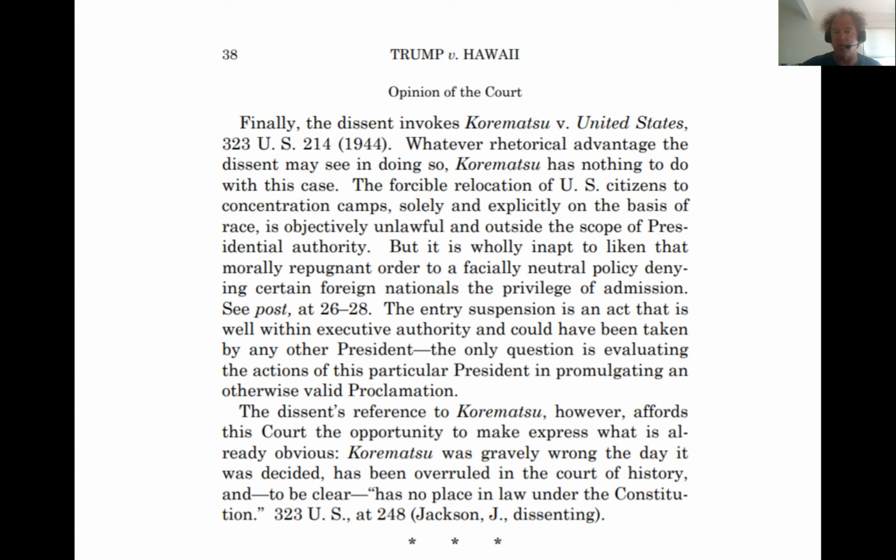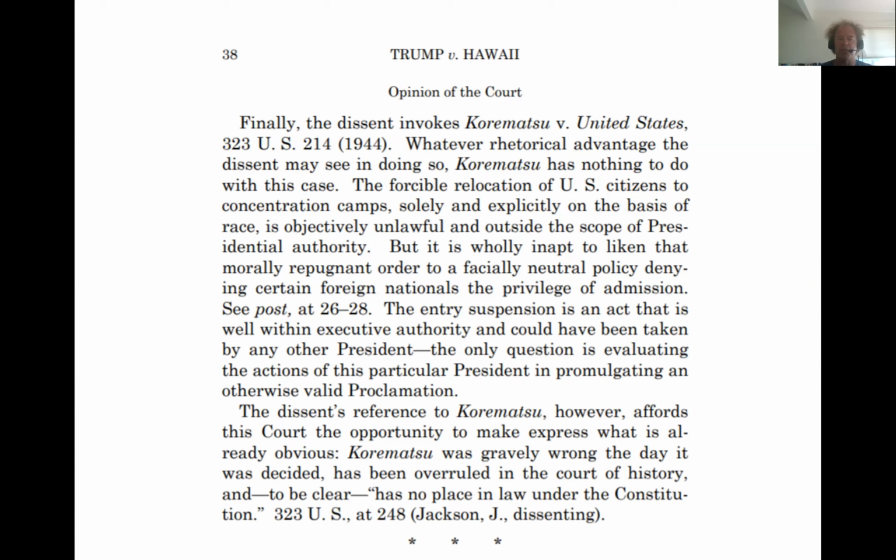So because there wasn't a live case or controversy to allow the Supreme Court to reconsider Korematsu, it technically remained on the books until the Trump era, even though Congress had formally apologized for the internment and everyone recognized that they were wrong.